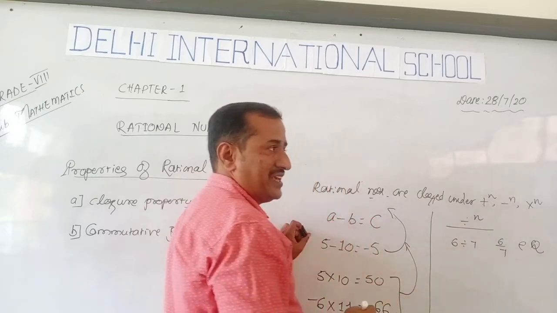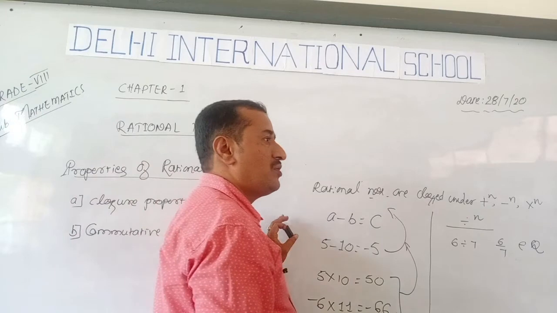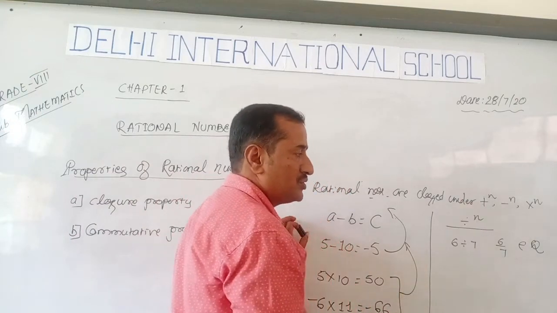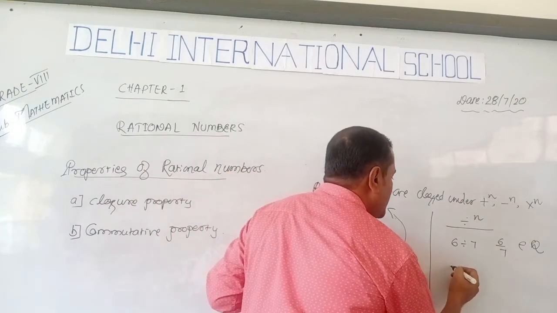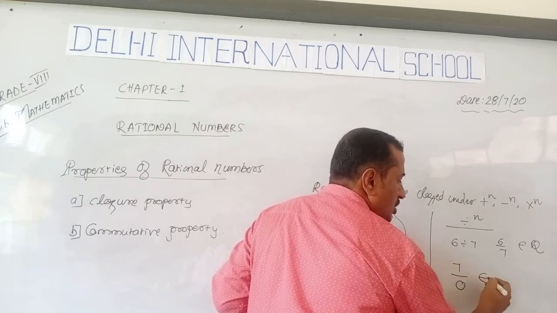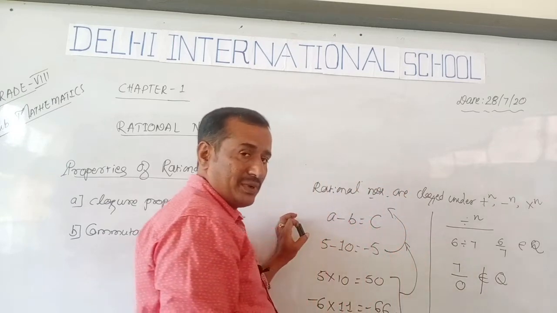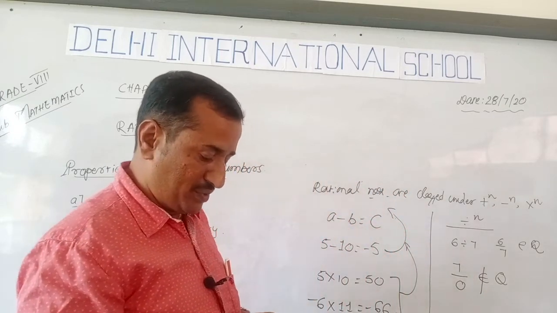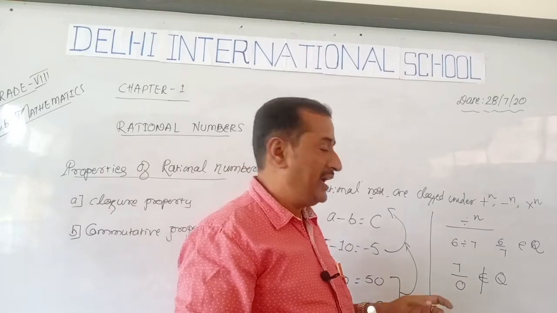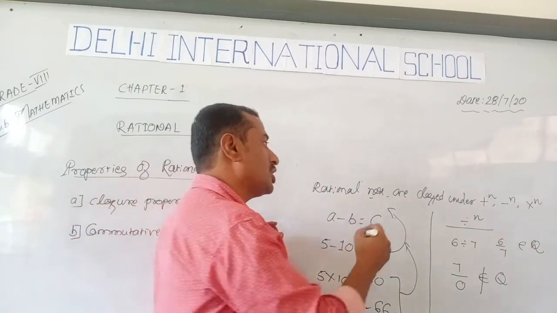As the definition says, it should be in the form of p by q, but q should not be equal to 0. When you come to other numbers such as 7 divided by 0, it does not belong to rational numbers. This is indeterminate. It is not possible to find. Hence, rational numbers are not closed.